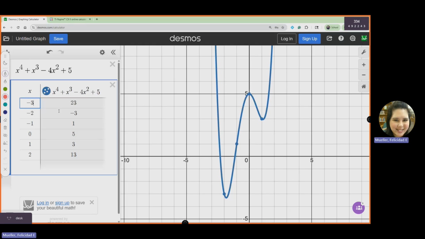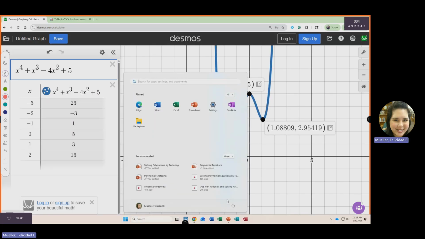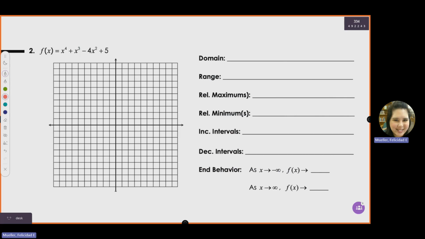So we're going to go ahead and plot those points. My turning points, we're going to go ahead and find those. All right, so let's go ahead and put that information on our screen.